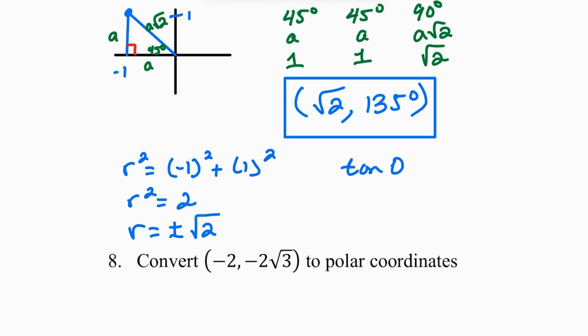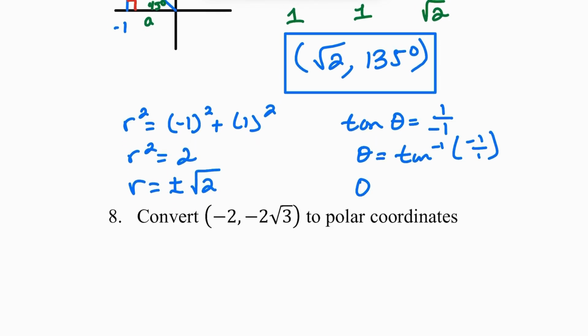Then we had tan theta equals y over x, which is 1 over negative 1. If you're going to find an angle measure, we have to do tan inverse of negative 1 over 1. It doesn't matter which one's negative. And you find out that the calculator value is negative 45 degrees.